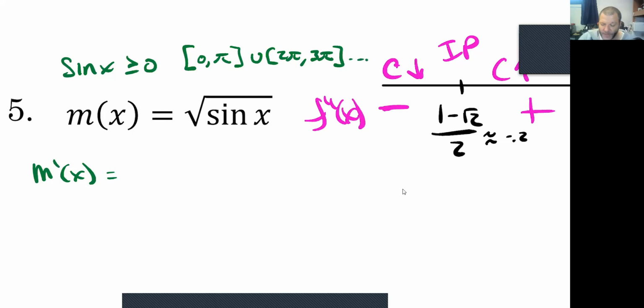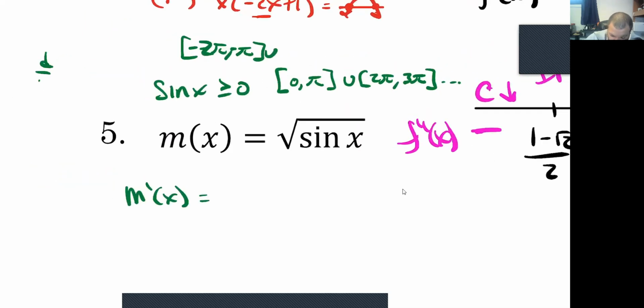So we're going to have this sort of pattern going on there. And also if you go the opposite way, you would also have negative 2 pi to negative pi, which would also be a case where sine would be positive. So there's going to be an infinite number of places where this function is discontinuous.